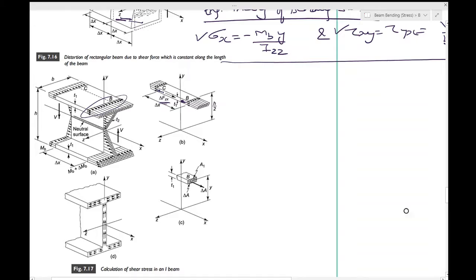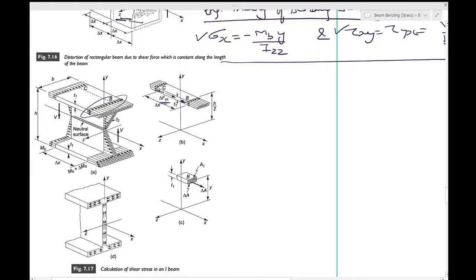And if we carry through an analysis similar to what we have done in 7.23, we will be able to obtain a shear flow for this case as well. Now, one thing which you all are requested to do is to actually derive this. Please don't try to derive this mentally, but derive this in reality.